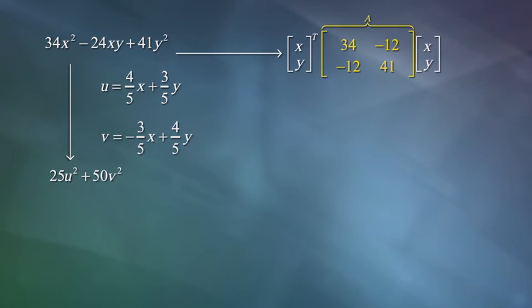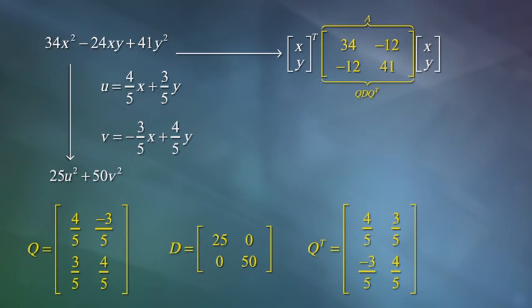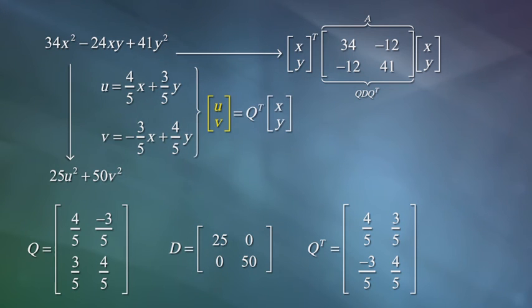So let me replace A in the quadratic form by Q D Q transpose, where Q has eigenvectors of A in its columns and D is diagonal.